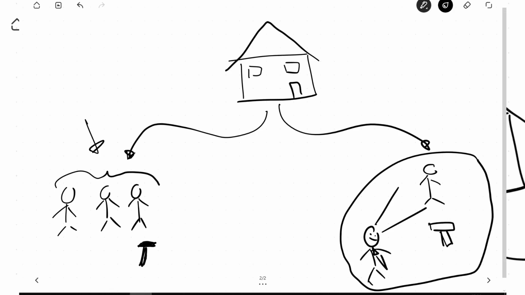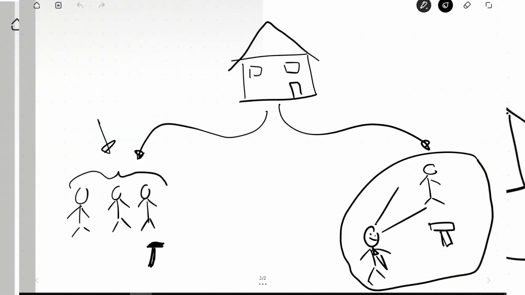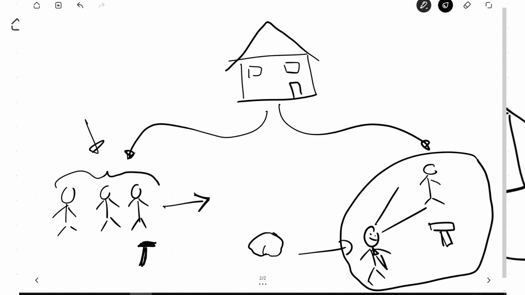If you compare this to the example we had before, what are the contractile elements here? The contractile elements, like the muscle fibers in this example, are the construction workers. So having more contractile elements, having more muscle fibers, is generally always a good thing. But if you don't have a manager, meaning the brain, the neural system, this one is the muscle.